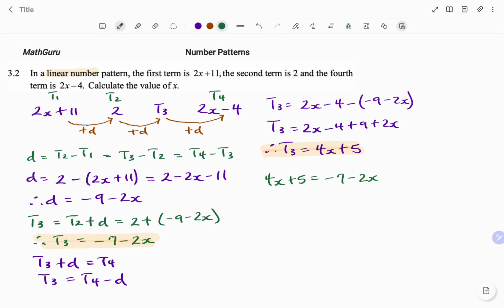Collecting like terms, I have 4x minus 2x is equal to negative 7 minus 5. 2x equals negative 12.